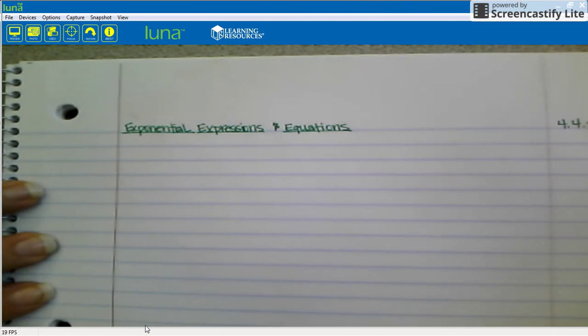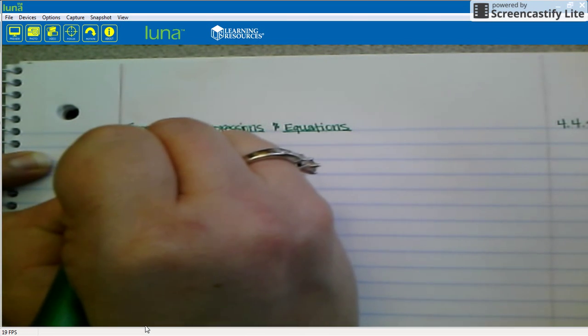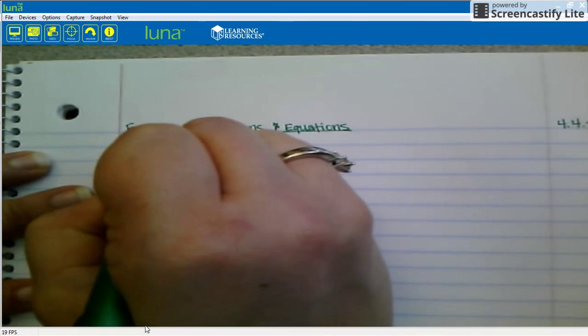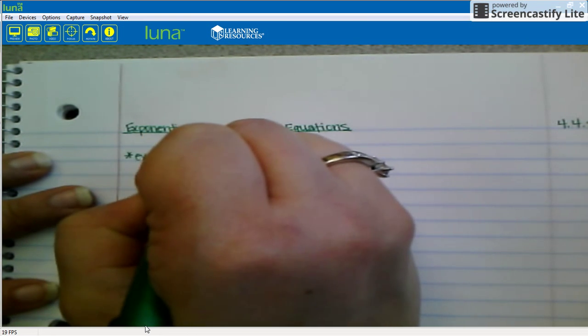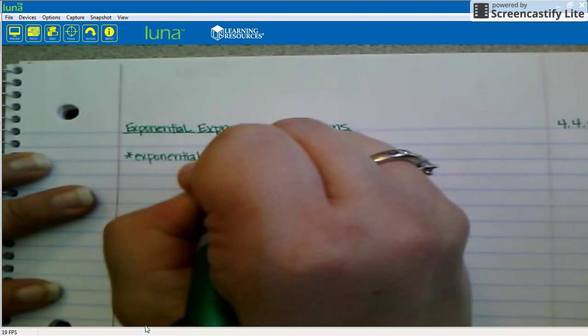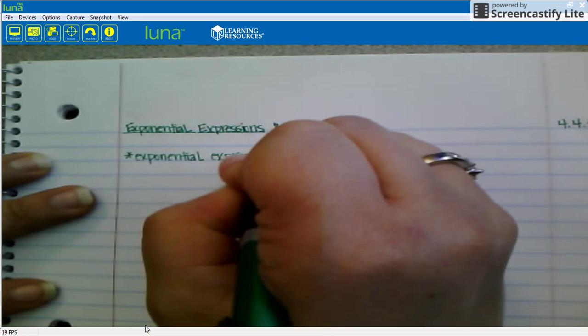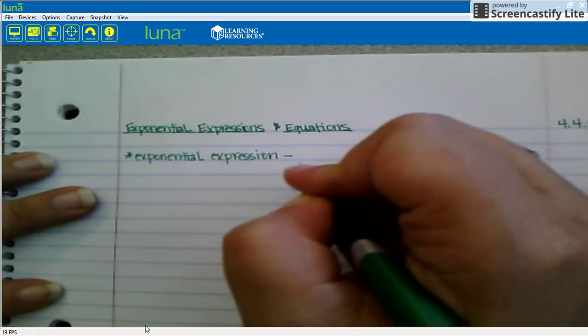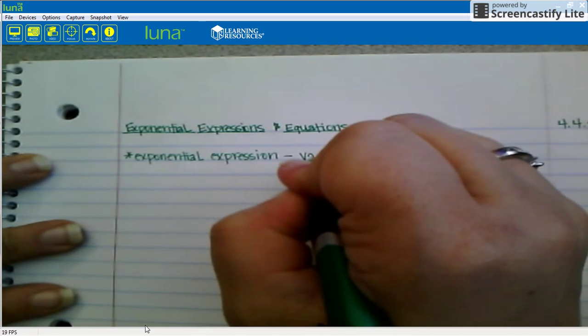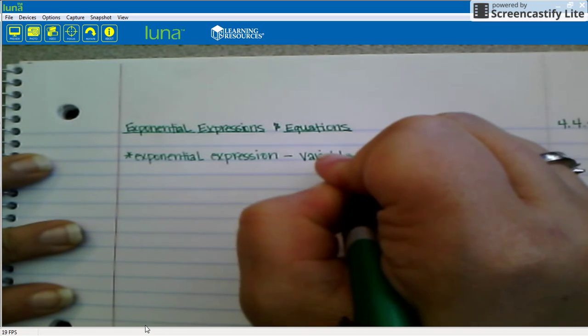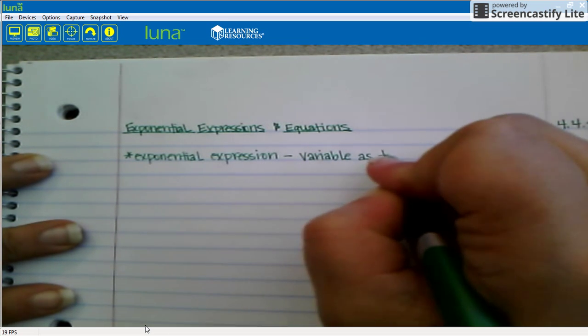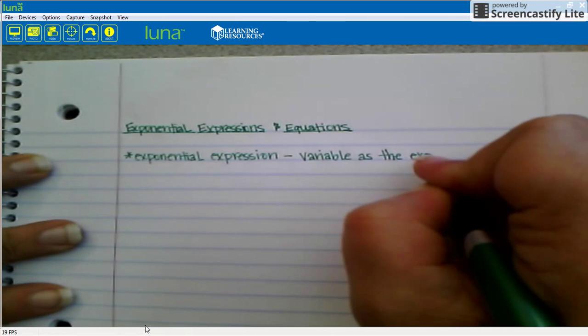Okay, so with exponential expressions and equations, an exponential expression has the variable as the exponent of a power.